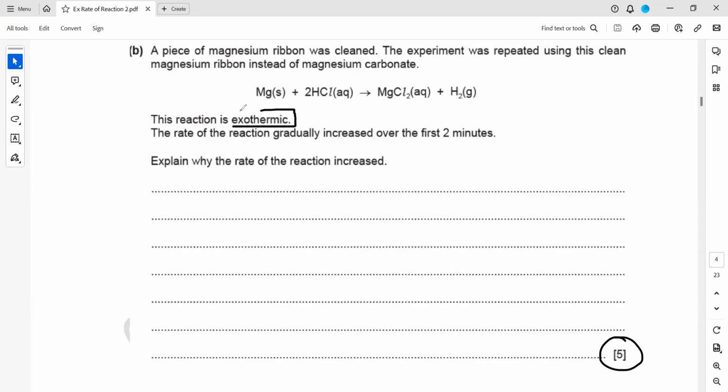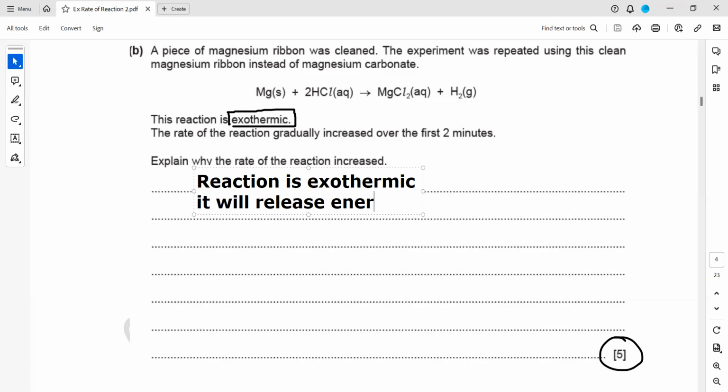So the reaction is exothermic. First, when a reaction is exothermic, it will release energy. So as a result, when it releases energy, the temperature of the mixture will increase.